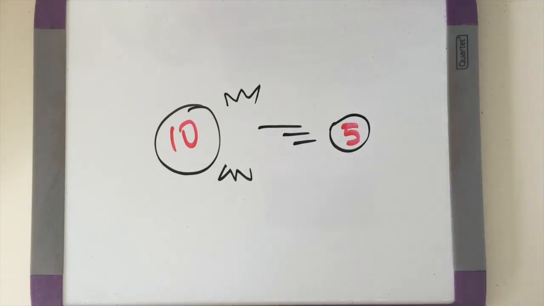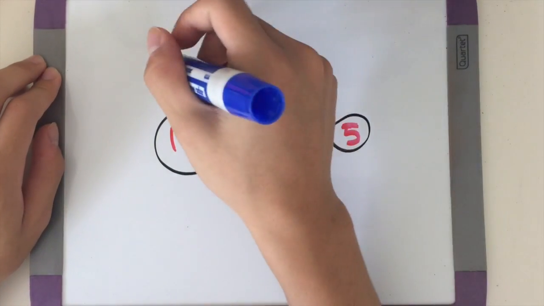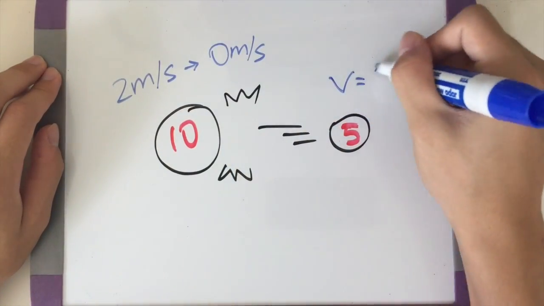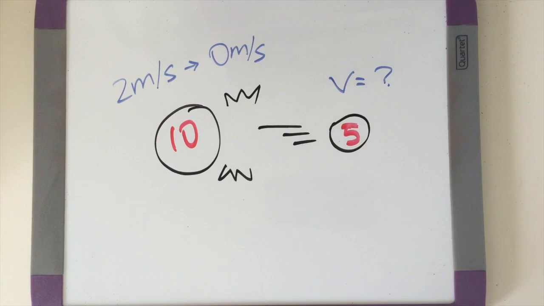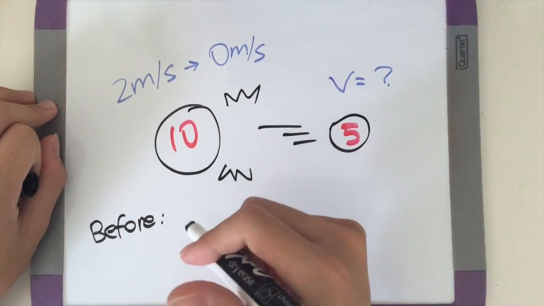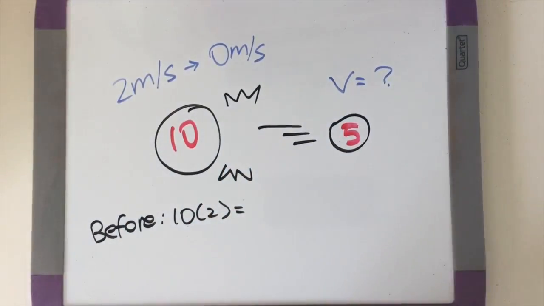This means that the smaller ball is moving at a velocity, and we need to calculate the velocity of the small ball after the collision. Now, the momentum before the collision is 20 kilograms meters per second, which will be the same after the collision.